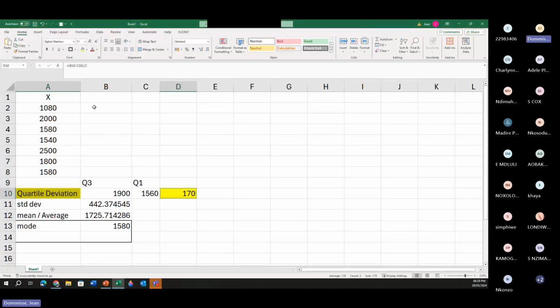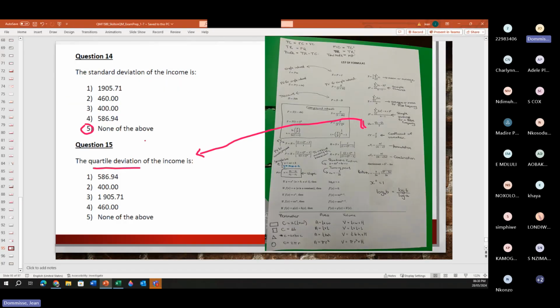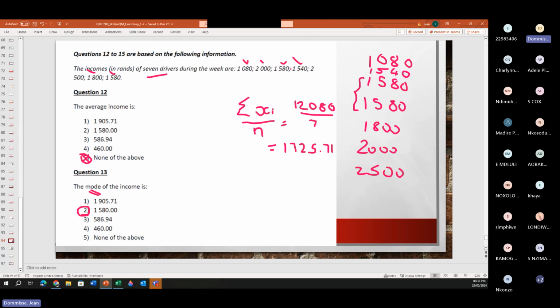So I will share this with you guys. But it feels like there was something massively wrong with the information in this paper. It might have been as simple as they changed some of these numbers from one exam to the other but have not changed the answers, because you can see these four and these four are exactly the same answers.